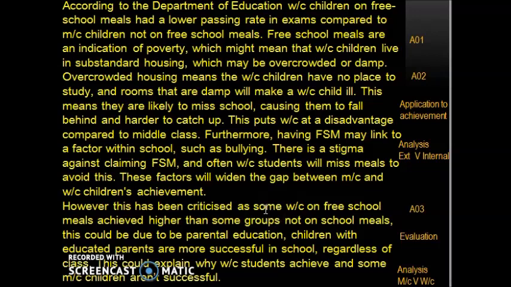And this is explaining why some working class students achieve and some middle class children aren't successful. So that comparison of the middle class versus the working class right at the end does help with that evaluation point, just to clarify the point that was made.